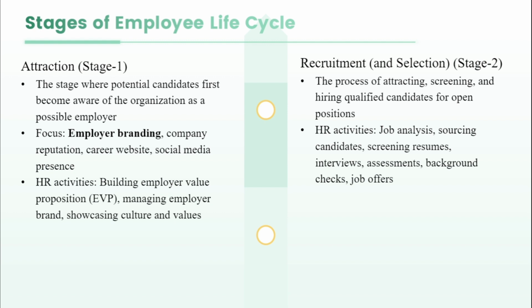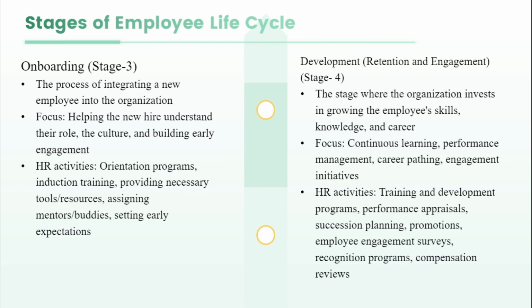So what are the activities of HR? They have to go for job analysis, sourcing candidates, screening resumes, conducting interviews, assessment, background checks, and job offers. Now moving to stage 3, which is called onboarding. This is the process of integrating a new employee into the organization, where the focus is helping the new hire understand the role and culture and building engagement.